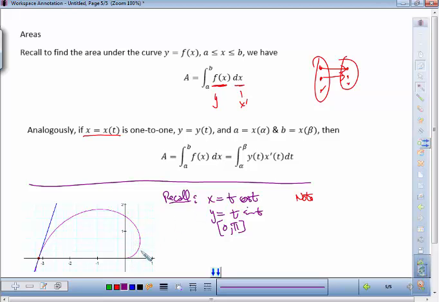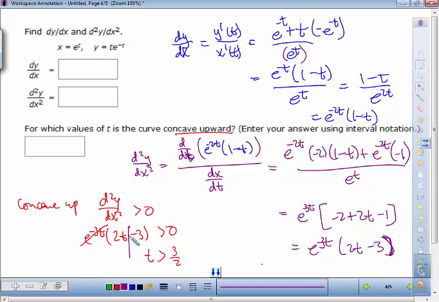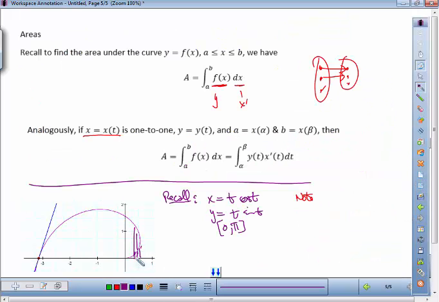And when we're finding areas under the curve, if we're looking at this example from 0 to pi, finding the area under the curve on the graph, going to the x-axis, our area here doesn't look like it's well defined, because the x value goes from 0 to some positive value, and then it goes back to 0 again, so it's not one-to-one.